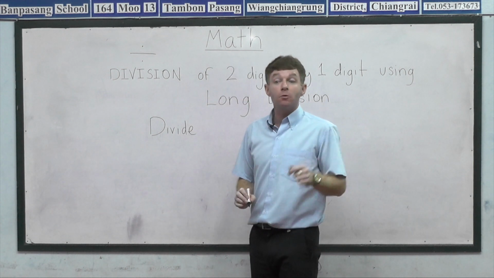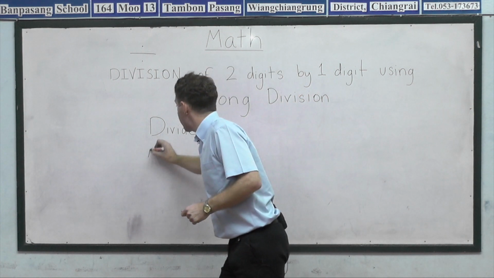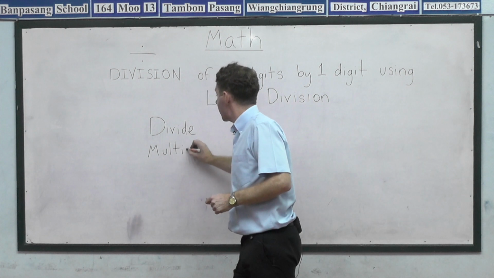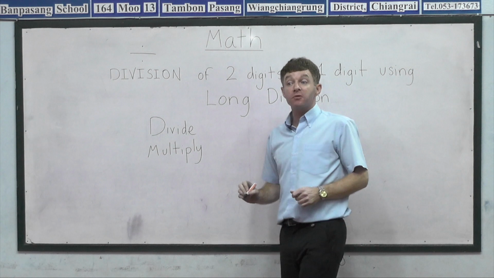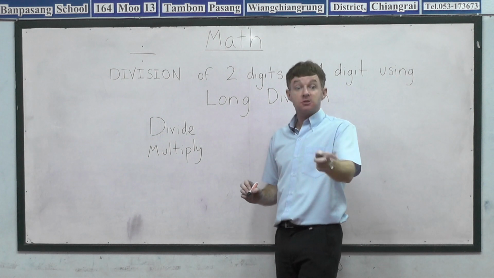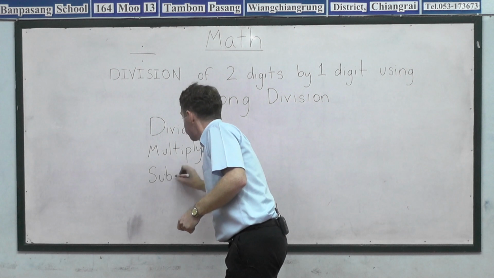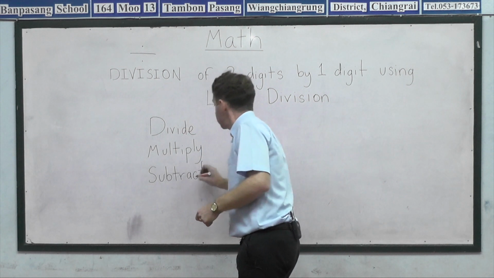D-I-V-I-D-E. Step number 2, M, multiply. M-U-L-T-I-P-L-Y. Step number 3, S, subtract. S-U-B-T-R-A-C-T.